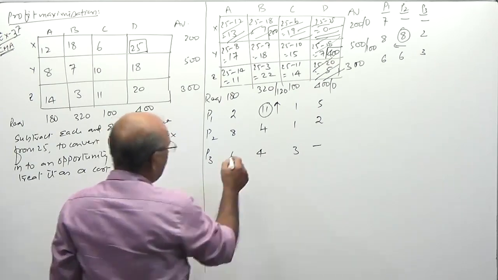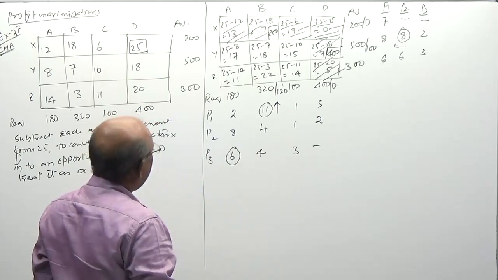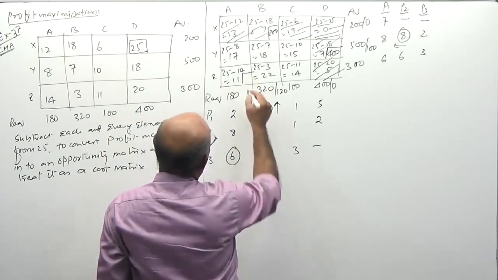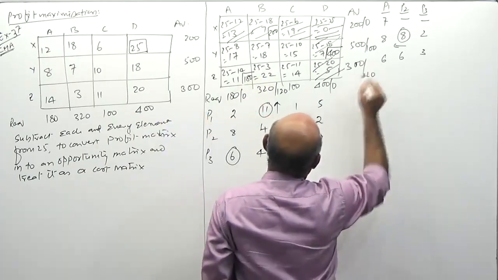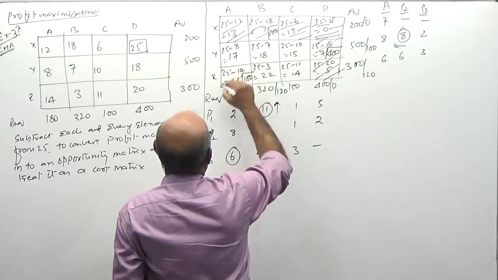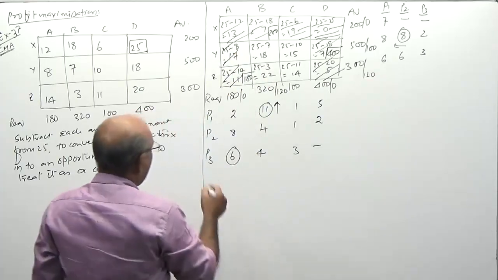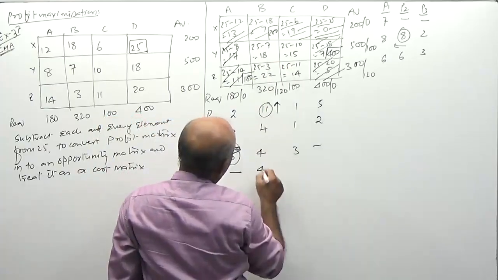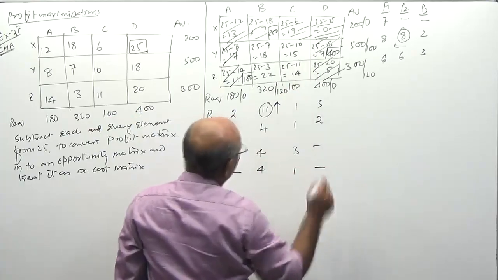So the maximum penalty is 6. Corresponding to this maximum penalty, 11 rupees is the least cost. 180 requirement given, 120 remains. This market requirement is satisfied, so it is eliminated. Penalty 4: 18 and 22, 4. 14 and 15, 1.